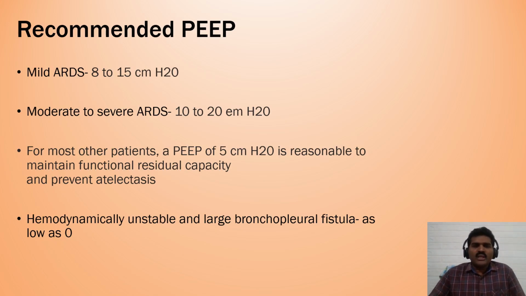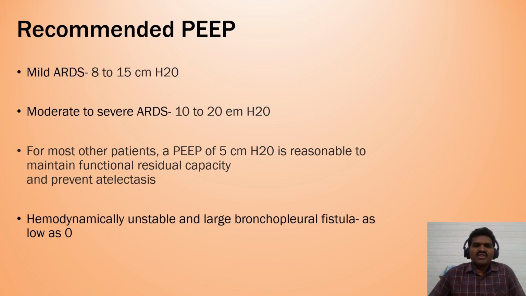So what is the recommended PEEP? PEEP is usually recommended for patients with ARDS. Mild ARDS patients will require a PEEP of 8 to 15 centimeters of water. For moderate to severe ARDS, you can go up to 20 centimeters of water. For most other patients, a PEEP of 5 centimeters of water is reasonable when there is no lung injury, and it maintains the functional residual capacity and can prevent atelectasis.